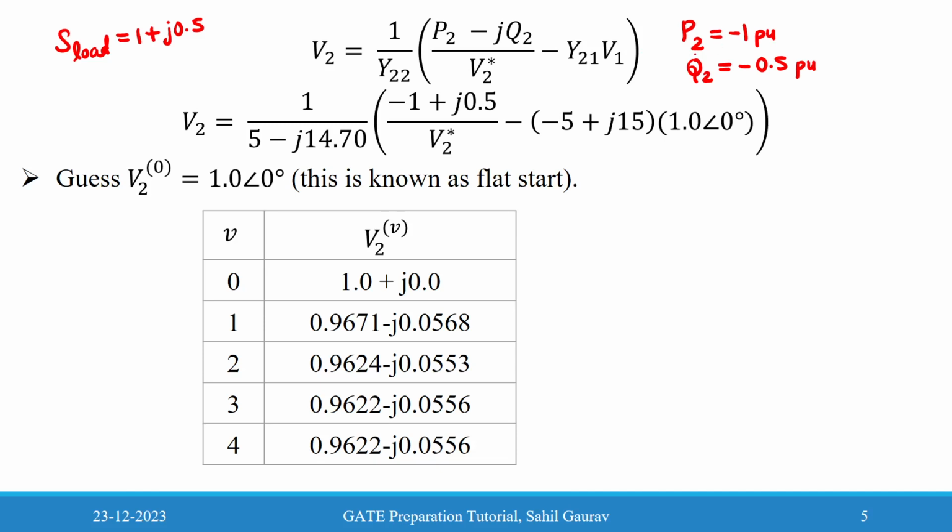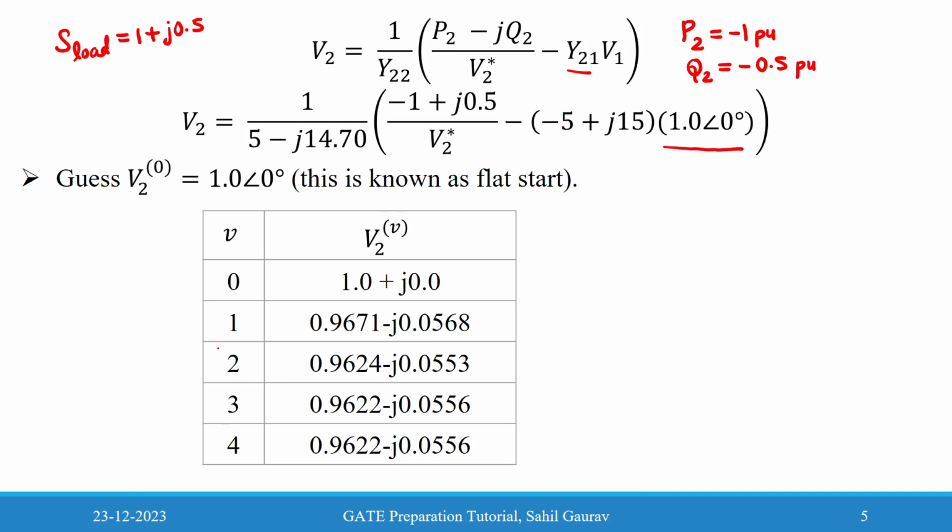Therefore, we have taken this minus sign before the value we are given. So you put these values, and y21 we have been given as minus 5 plus j 15. V1 is the voltage that is given in the question. So after putting all these values, you will get this general expression.